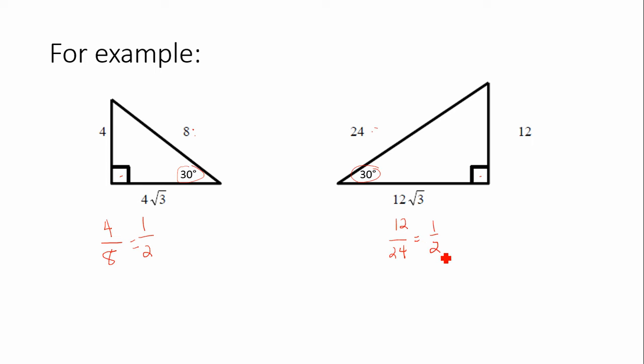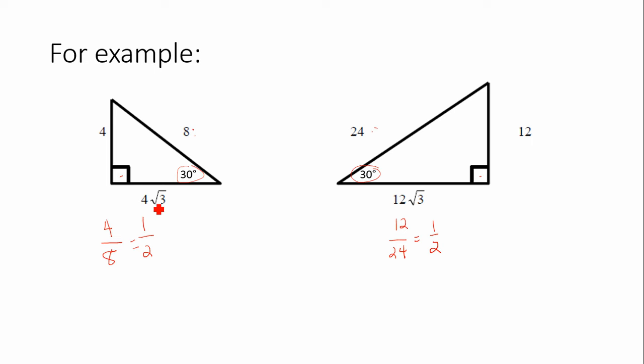Well, look at that. Those two ratios are the same. So we didn't compare one triangle to another. In fact, we just compared two side lengths in a smaller triangle compared to the same two side lengths in another big triangle, and we got the same ratio. It's because those base angles were the same, right? And because the triangles were similar.